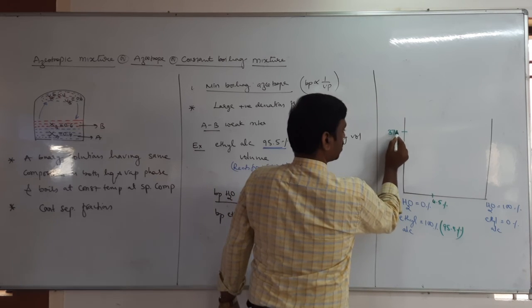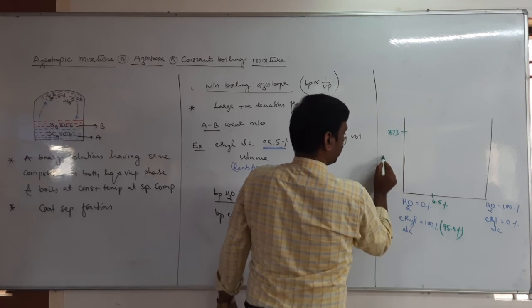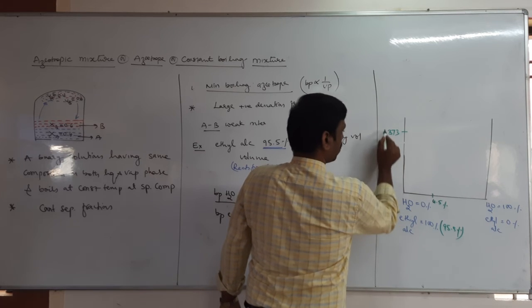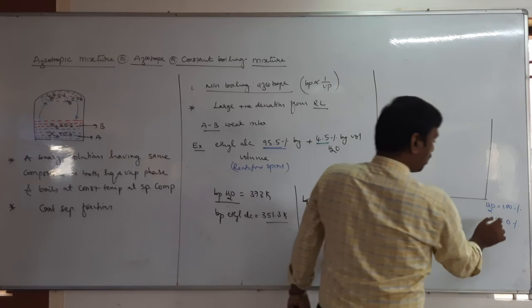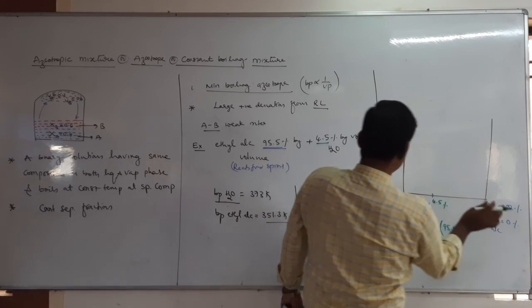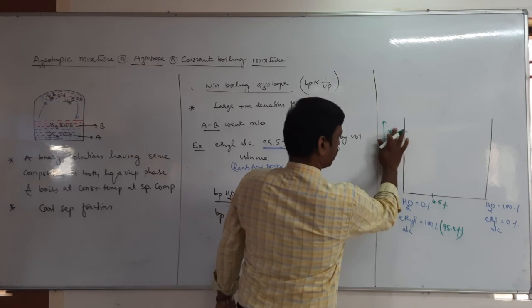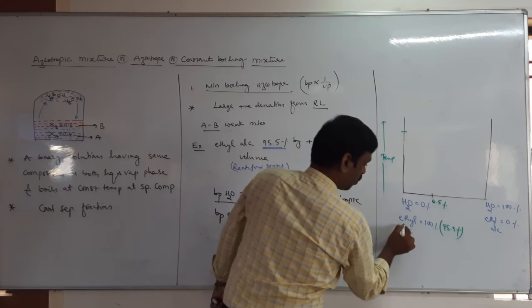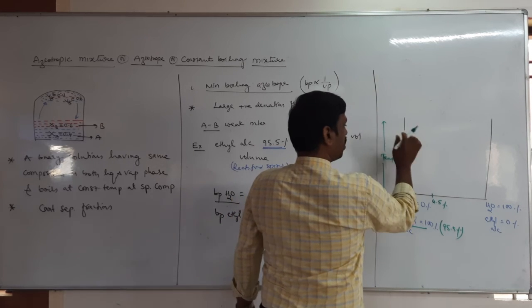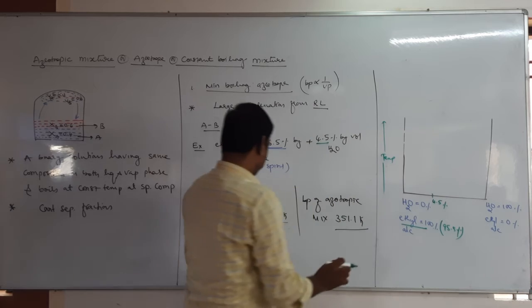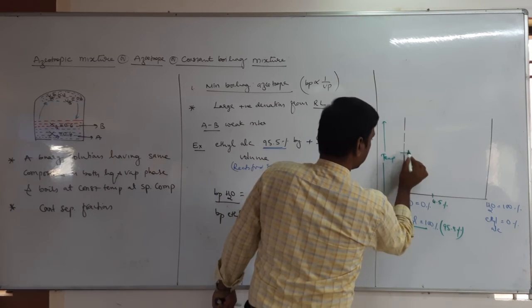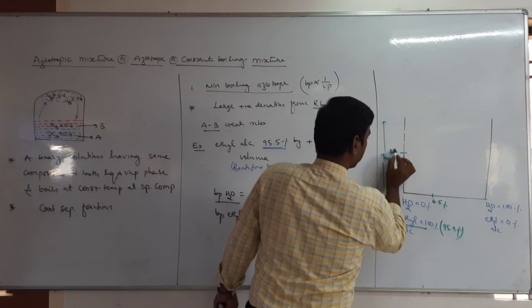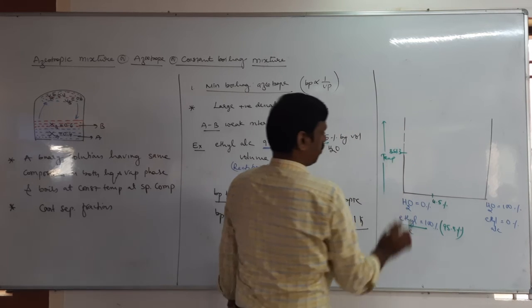Next, what is the boiling point of pure water? 373. I will take it as 373 Kelvin. This is the temperature on the y-axis. What is the boiling point of pure alcohol? 351.3. I will take it somewhere here, 351.3 Kelvin.